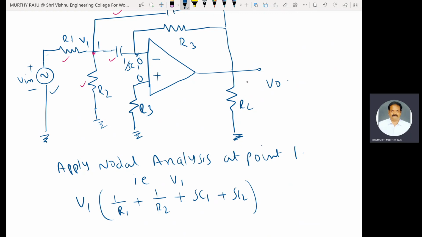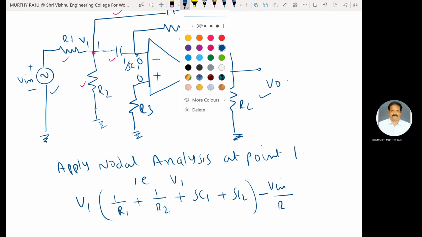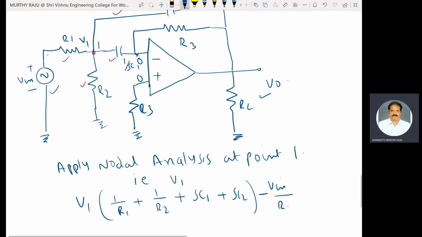The resistance between V1 and the adjacent node voltage V in is R1.